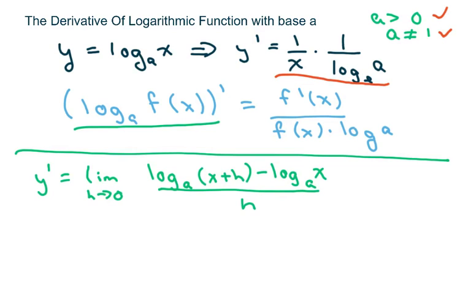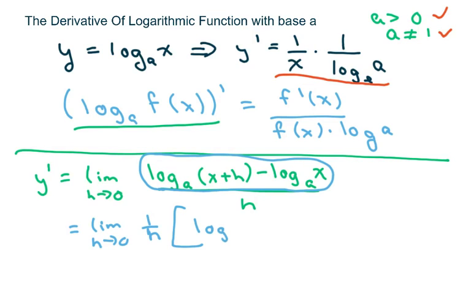And like we did in the previous video, what we're going to do is pull out this 1 over h. So we're going to have this equals the limit as h approaches 0, and I'm just going to put the 1 over h out here. And at the same time, now I'm left with this piece, and I'm going to condense that because I have the same base and write it as a single log. So that's going to be x plus h over x.